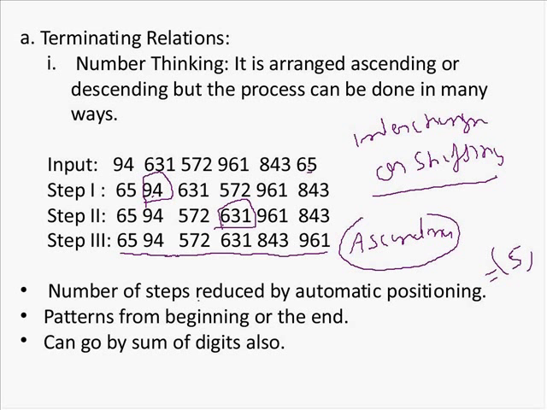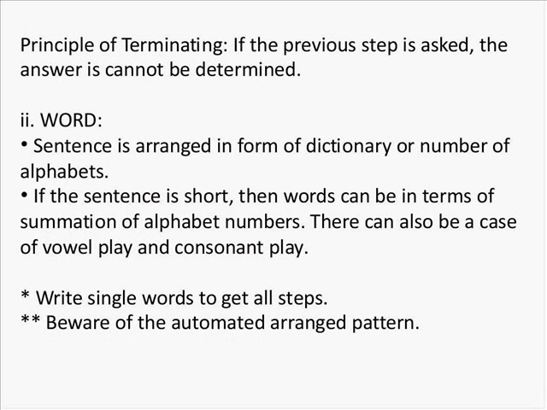So Amrit, I'll be explaining everything. Okay. Now you hear this thing. If the principle of terminating is there, and the previous step is asked, the answer cannot be determined. So one question is always there in IFT where you can simply say it cannot be determined. Word sentence is arranged from a dictionary or number alphabet. If the sentence is short, then words can be in terms of summation of alphabet numbers.